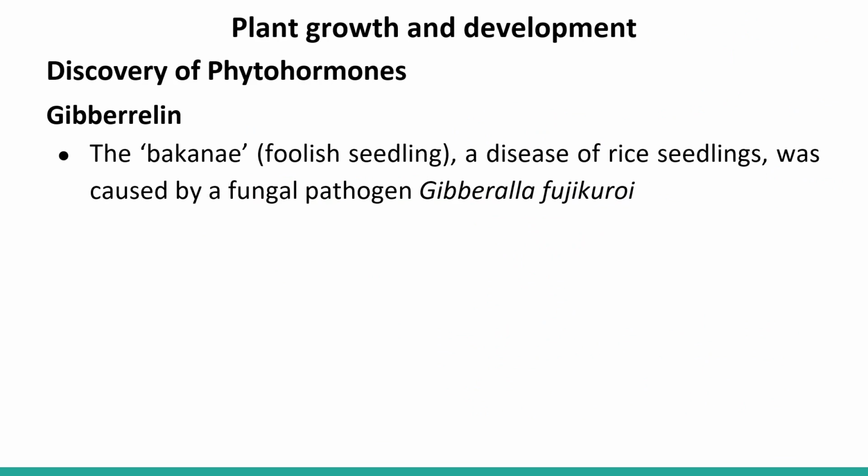Now let's talk about the discovery of the hormone gibberellic acid, also known as gibberellin. So what was observed? There was a disease known as Bakanae disease, also known as the foolish seedling disease.